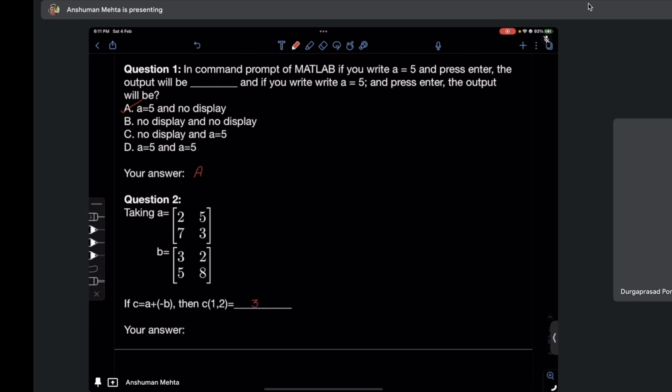The answer is 3. How did we get to that? We define the matrix in such a way that the positions are 1 1, 1 2, 2 1, 2 2, and what you are asking is the value of C at 1 comma 2. So if we do 5 plus minus 2, we will get 3. So our answer is 3.